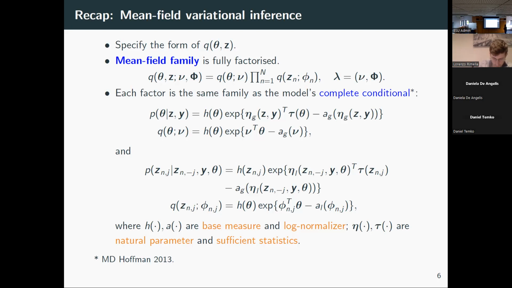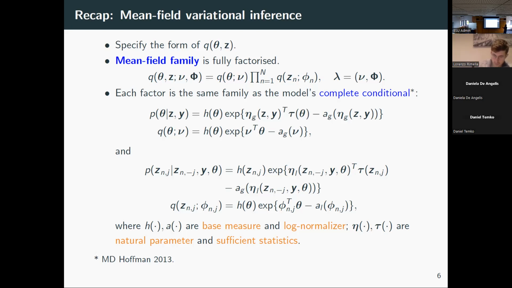If your densities belong to the exponential family, and you can do Gibbs sampling, then you can write down the complete conditional. The main trick here is to choose the variational distribution in the same family. This is how you generally do it in the classical framework.